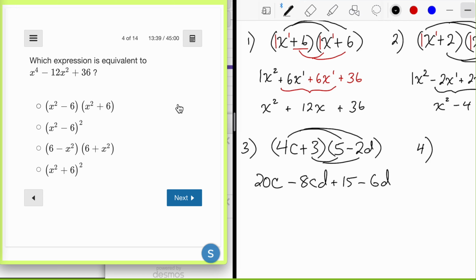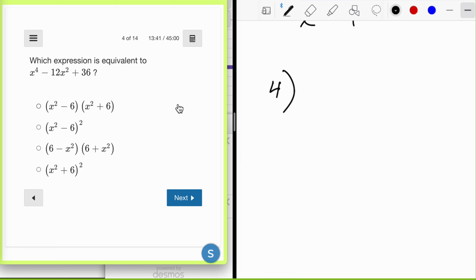All right. So looking at the second choice there, we have x to the second minus 6 squared, which is really the same as x to the second minus 6. Now, the reason I know that it had to be either the second or the 4th choice is because in the original problem, I had a positive 36.